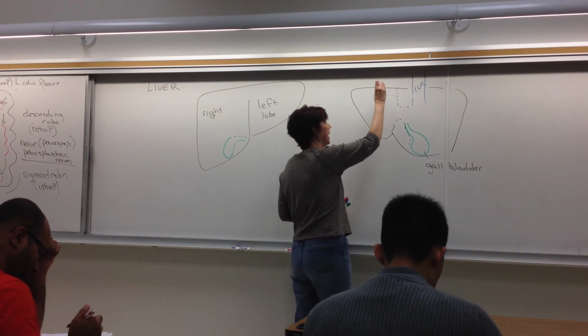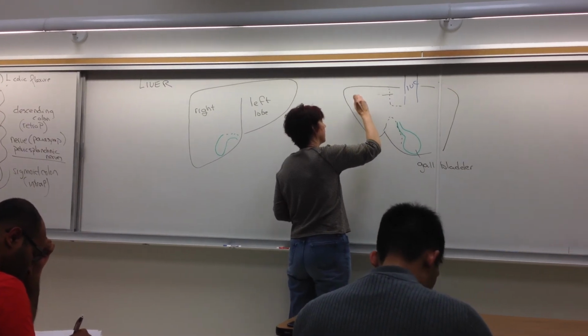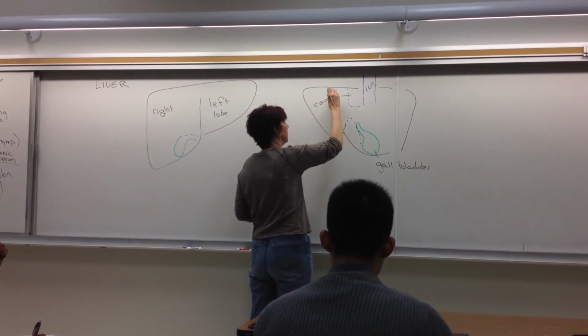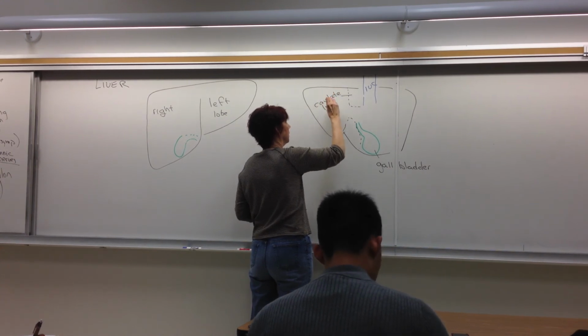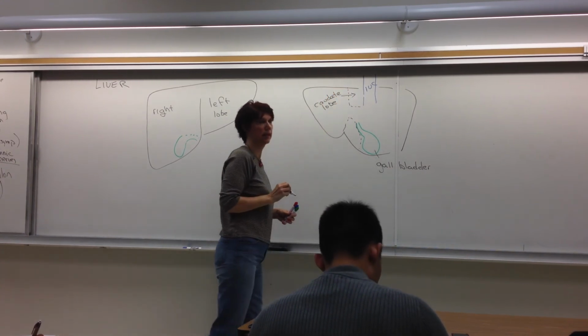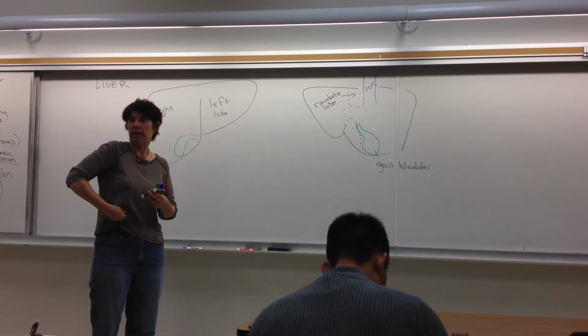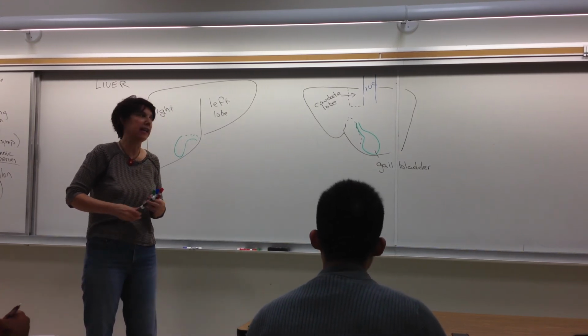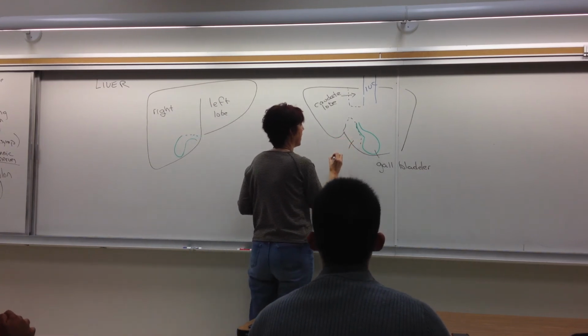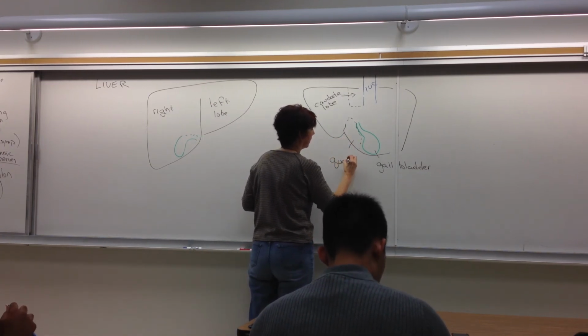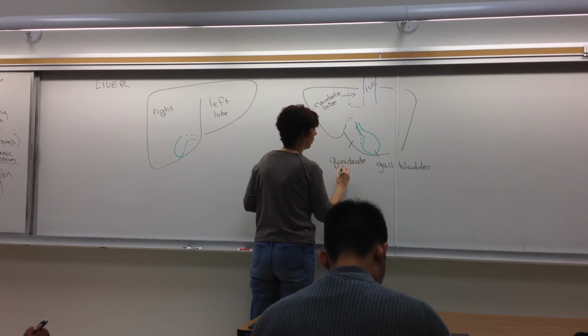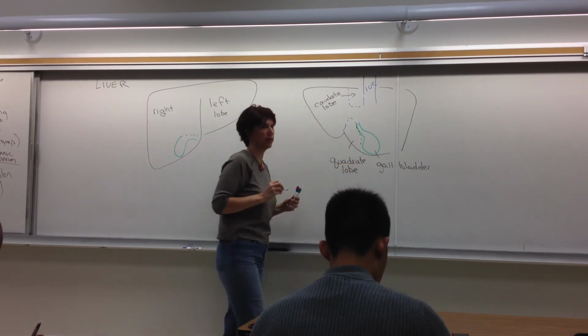So that's how I remember that this lobe is the caudate lobe, because it's closest to the posterior aspect. The quadrate is on the anterior margin, all right? And so this would be the quadrate lobe next to the gallbladder.